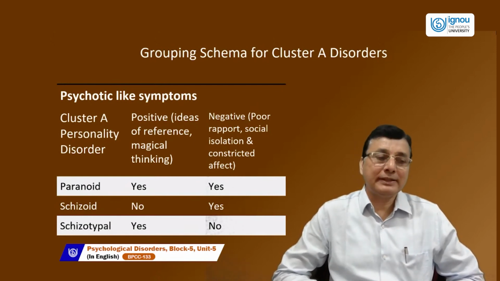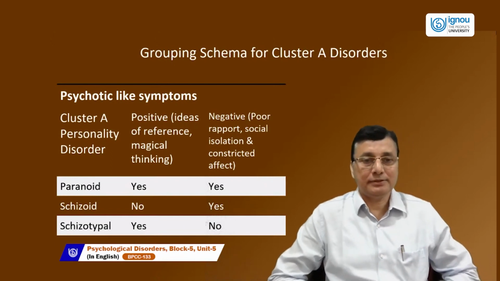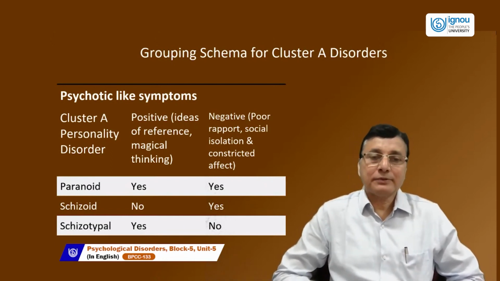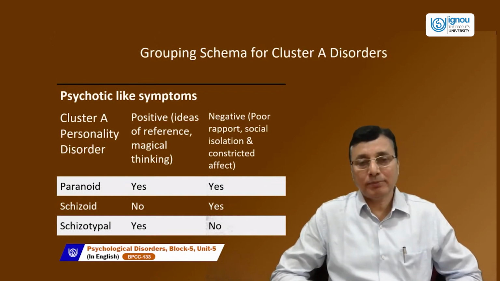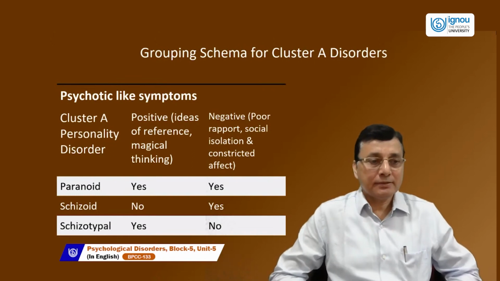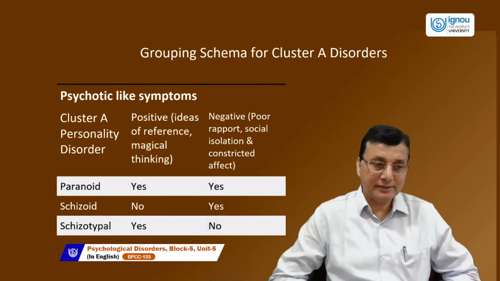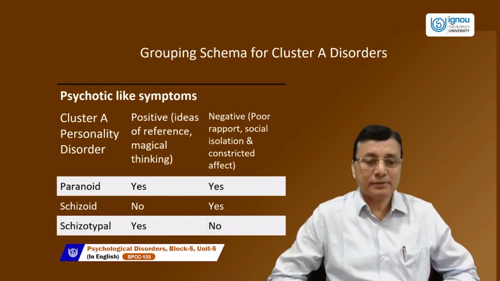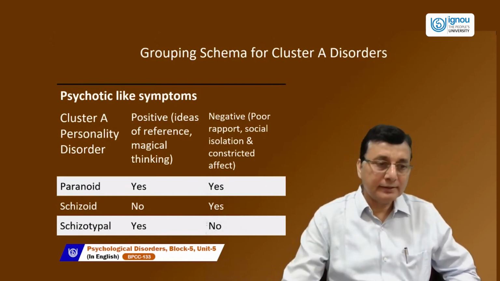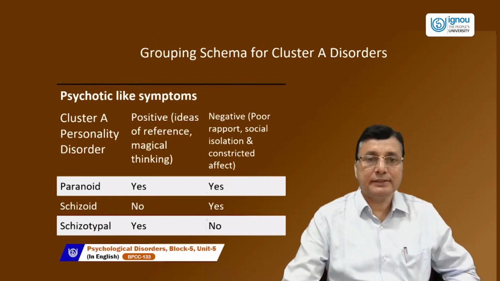But this will not be there in schizoid personality disorder. And if we talk about the negative symptoms like poor rapport, social isolation, constricted affect, it will be seen in paranoid and schizoid personality disorders, but it may not be seen in schizotypal personality disorder.